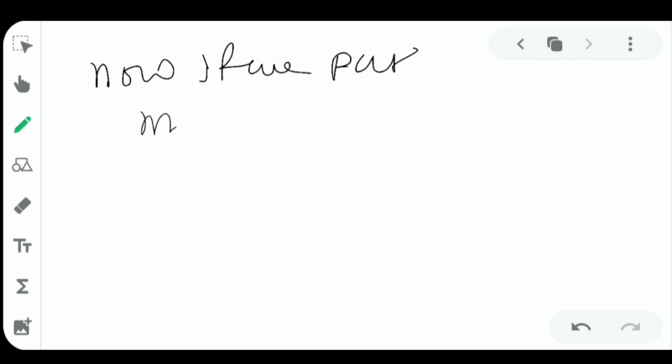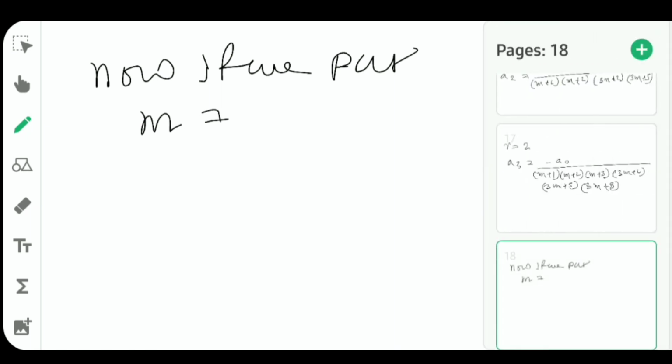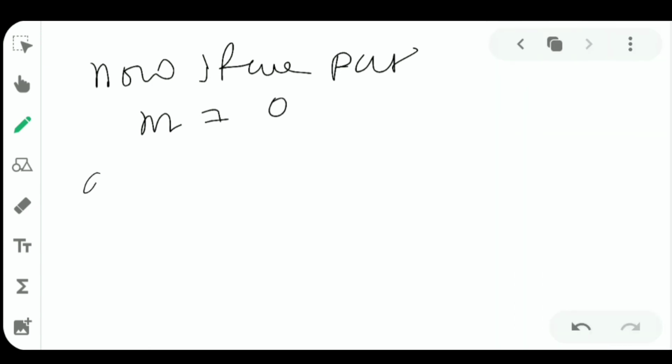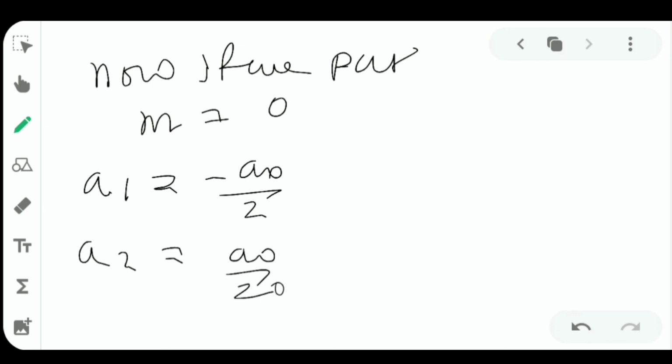Now if you put m equal to 0, then a1 will be equal to minus a naught by 2, a2 will be equal to a naught by 20, and a3 will be equal to minus a naught by 480.